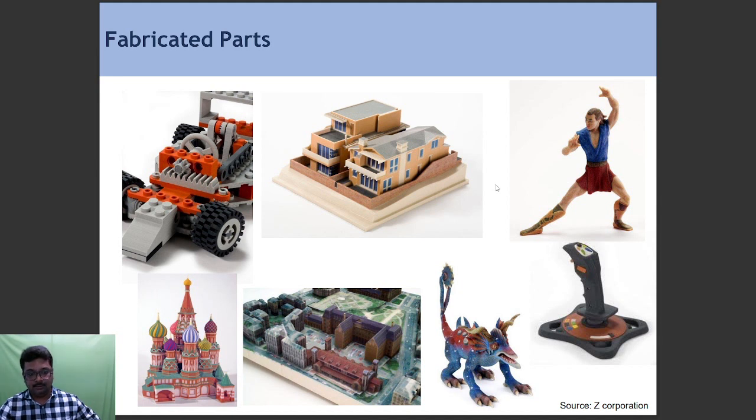Through this technology we can fabricate toys. Most of the toys imported from China are manufactured through this technology. Here you can see the mixed colors; all the toys have mixed colors. So for mixed-color polymer-based products, industry people prefer this technology.